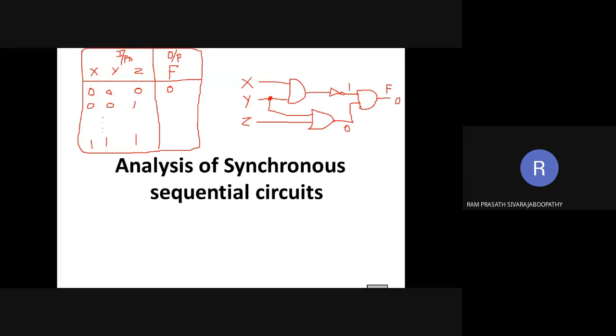What are they? Input. What about the other one? Present input, then previous output. Do you remember that? Yes, present input and past output.